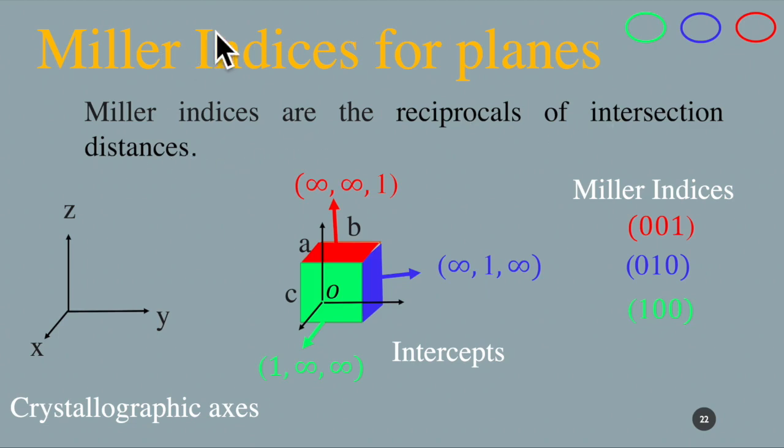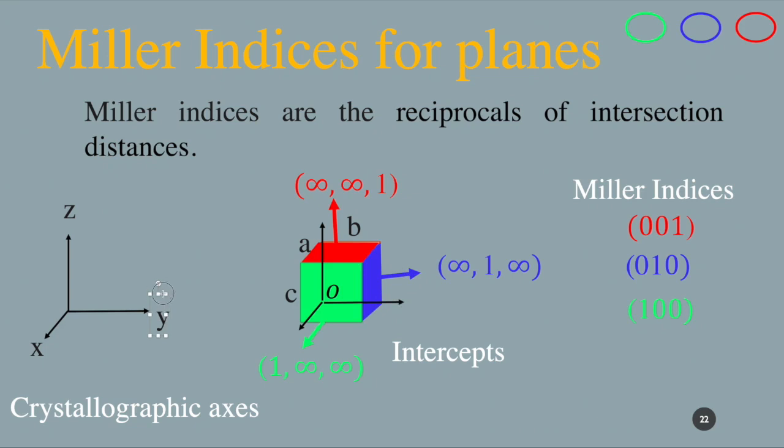So first, let's talk about how Miller indices are used to represent the planes. For example, this blue plane, and let's say this is the y-axis, this is the x-axis, this is the z-axis. This plane has only one intercept, and in which direction?